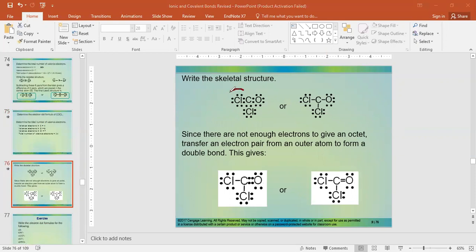This chlorine here is surrounded by 8 electrons, if you count them. Similarly, this chlorine here is surrounded by 8 electrons. And this oxygen here is surrounded by 8 electrons. So we have ensured that the outer atoms already have a full octet.